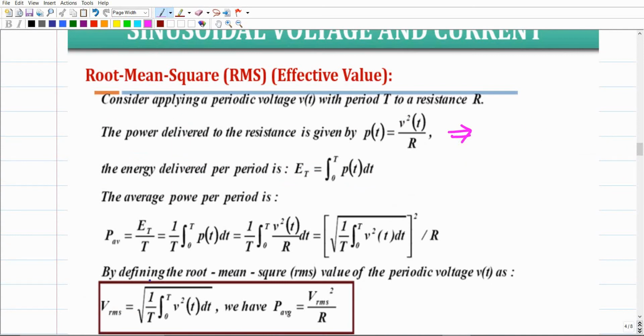But in terms of practical use of electrical circuits, as we mentioned, for example, assume that you have a resistor, and through this resistor there is a current i of t, and there is a voltage source between the two ends of this resistor, which is definitely v of t. As we agreed in this chapter, we're going to focus on the sinusoidal voltage source. It means that v of t is given as a sinusoidal wave, already varying over time.